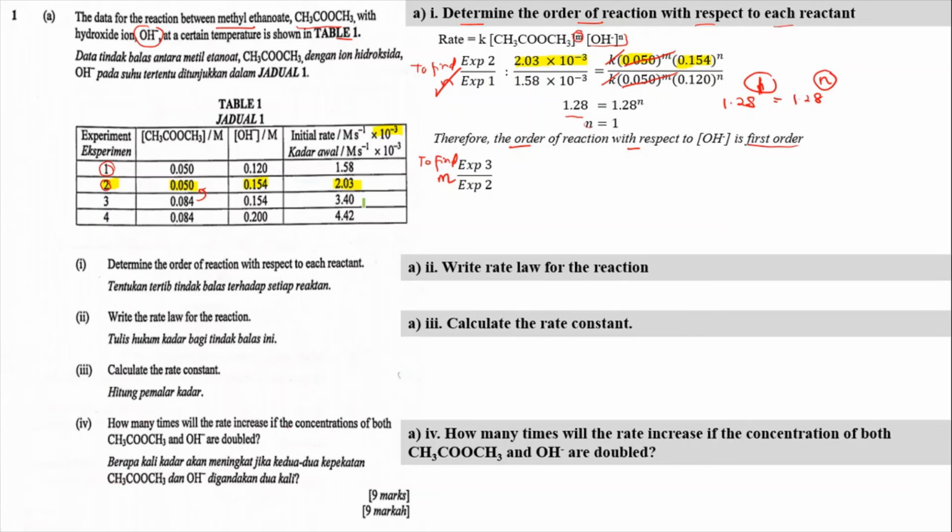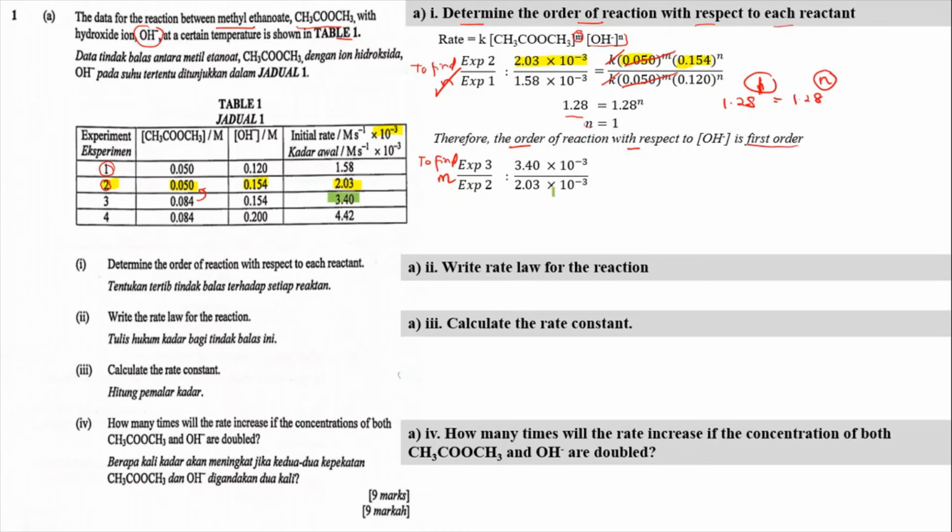So let's say my experiment 3 here will have the rate of 3.40 times 10 to the power of negative 3. Okay, do not forget that times 10 to the power of negative 3. Okay, because the substitution needs to be correct. And then I'm going to divide it with 2.03.